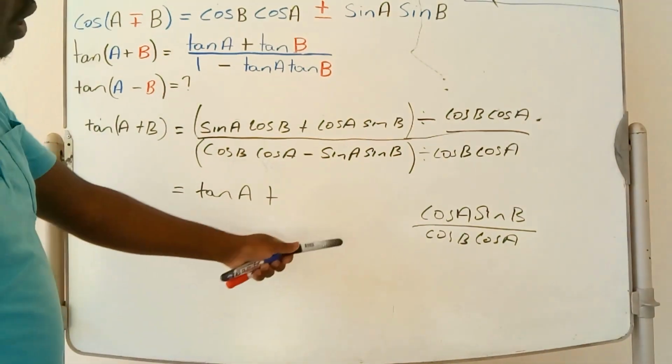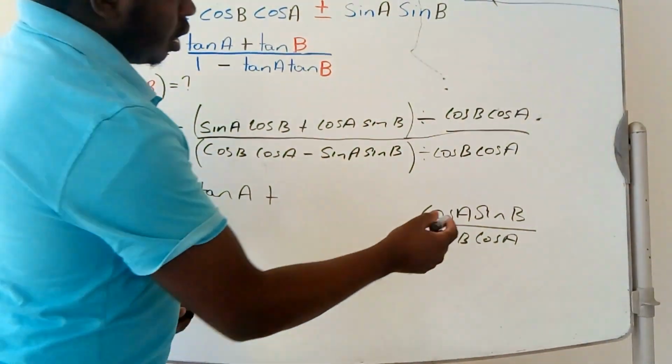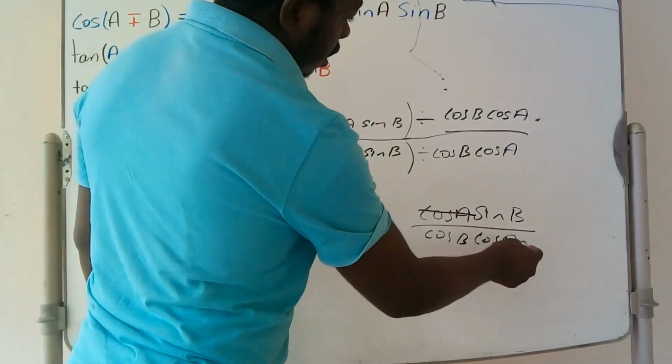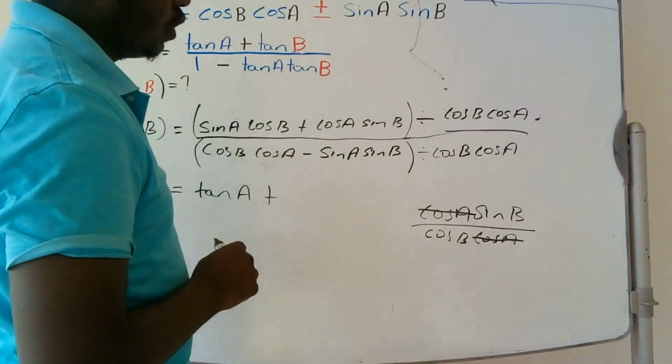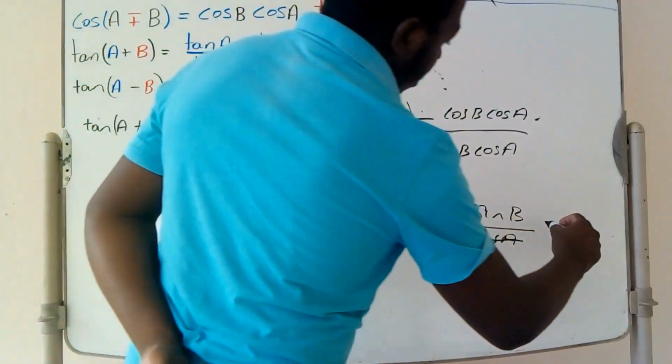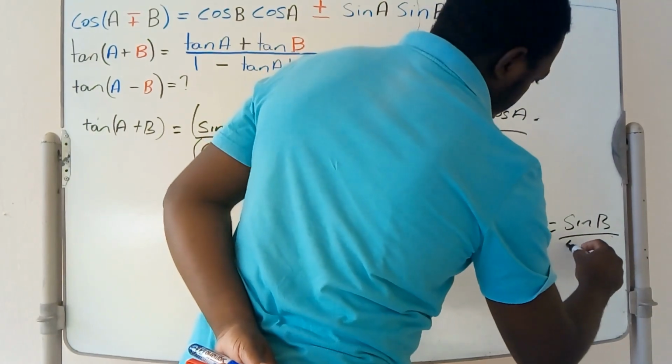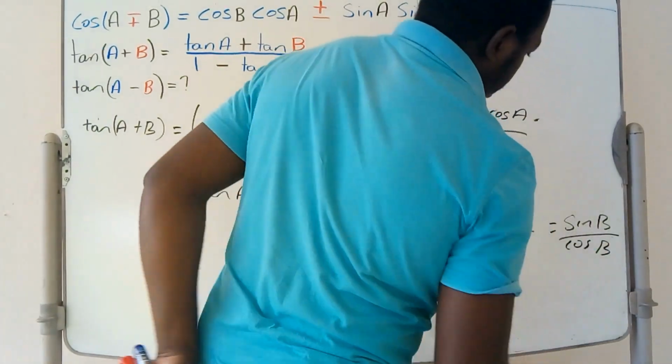What do you think is going to happen? Here, cos A is going to cancel out cos A here. What am I left with? I am left with sine of B over cos of B.